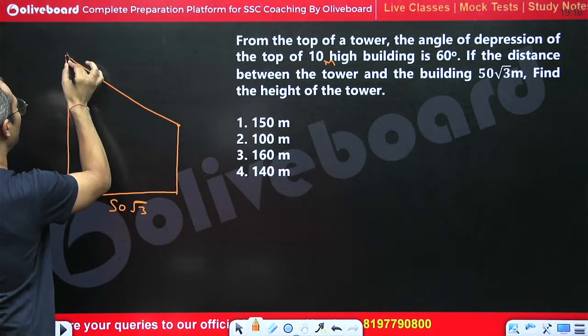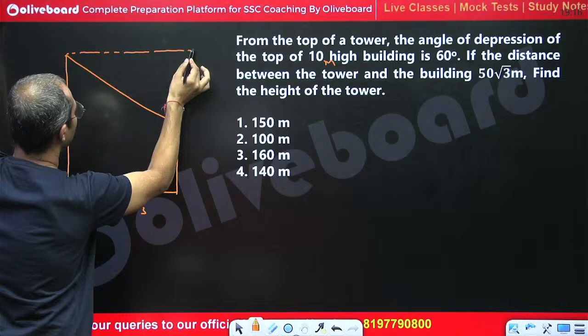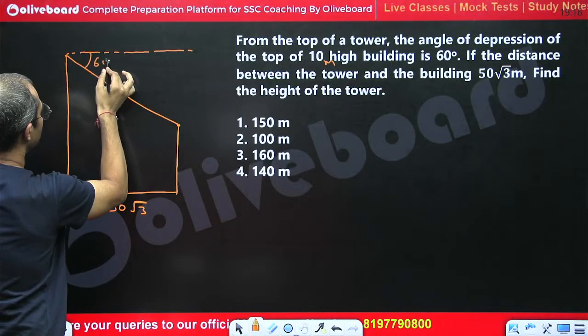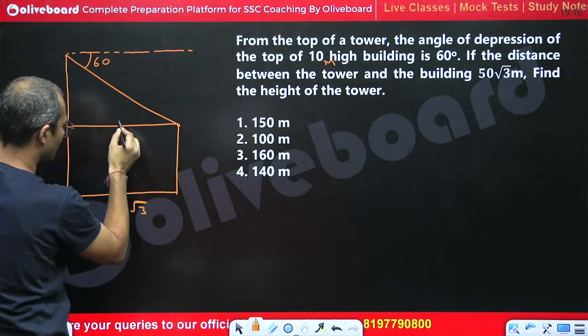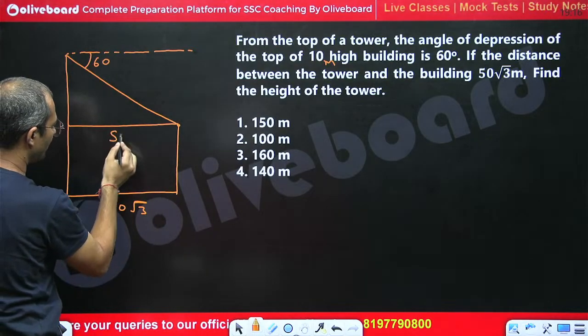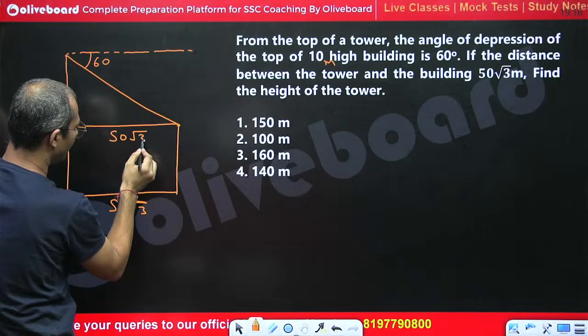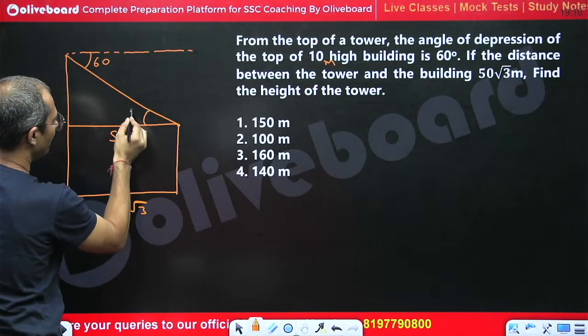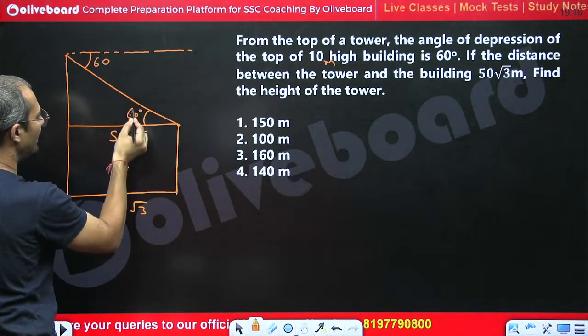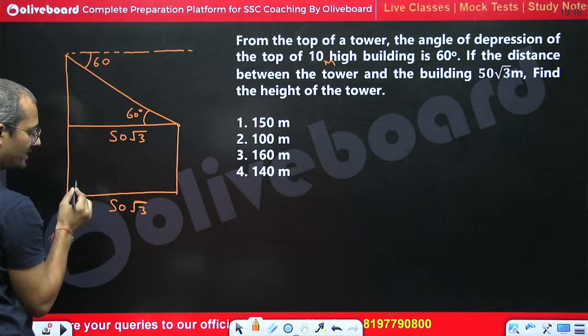It means this angle is 60 degrees, right? So we draw this line. This would be parallel to this, and this would also be equal to 50√3. So this angle is 60 degrees, and this angle will also be 60 degrees because of interior alternate angles, right?